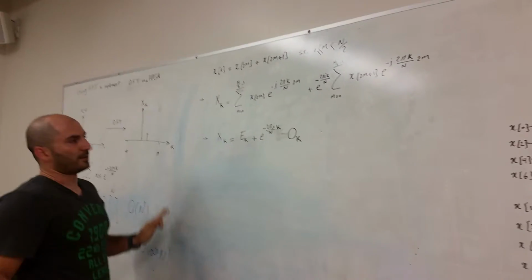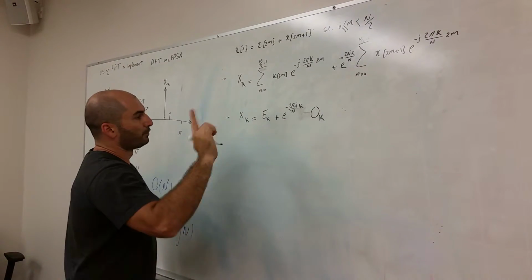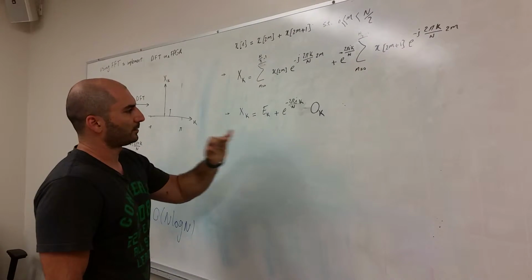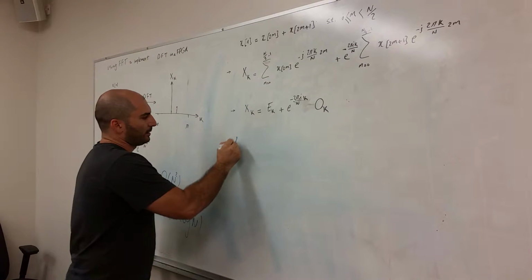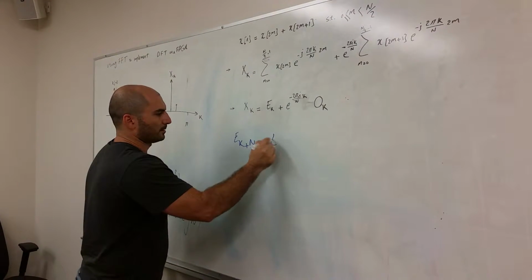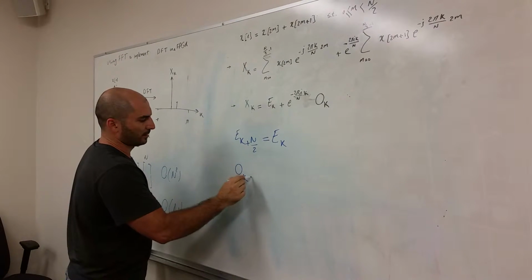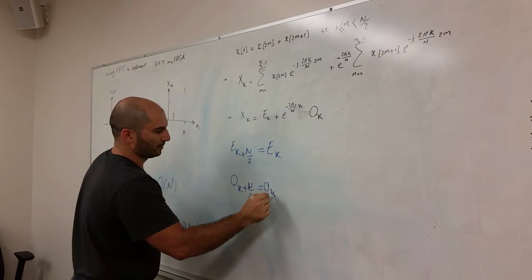So far we didn't save anything. We just moved something around and renamed a couple of things. But that even part and odd part, they have two very interesting characteristics. E[k + N/2] is equal to E[k], and O[k + N/2] is equal to O[k].